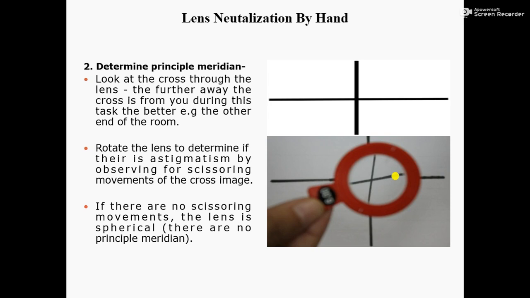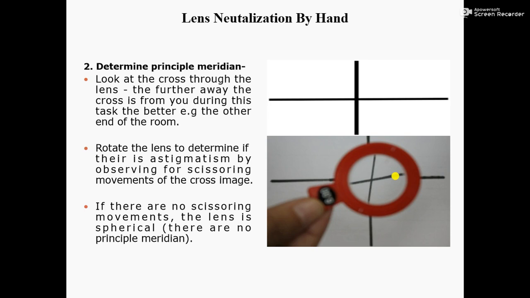Rotate the lens to determine if there is astigmatism by observing for scissoring movements of the cross image. If there are no scissoring movements, the lens is spherical. That means there is no principal meridian.